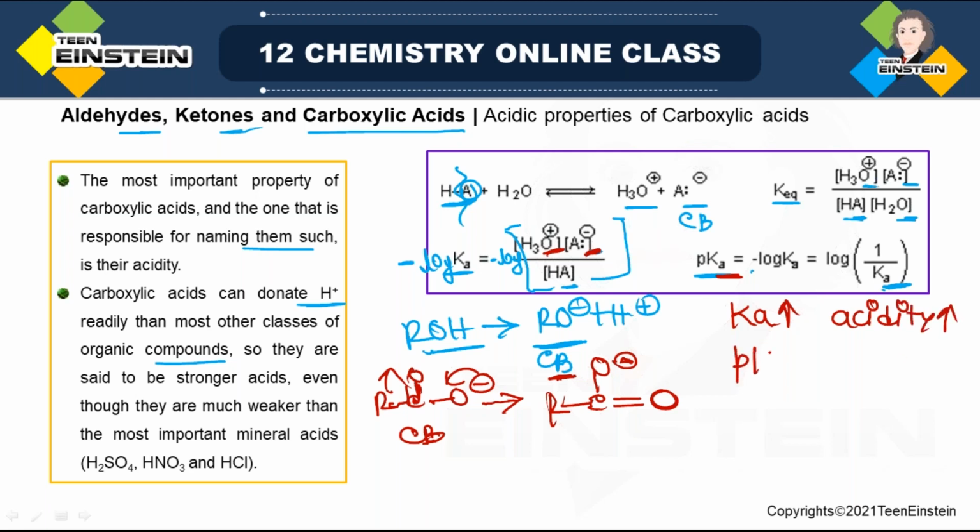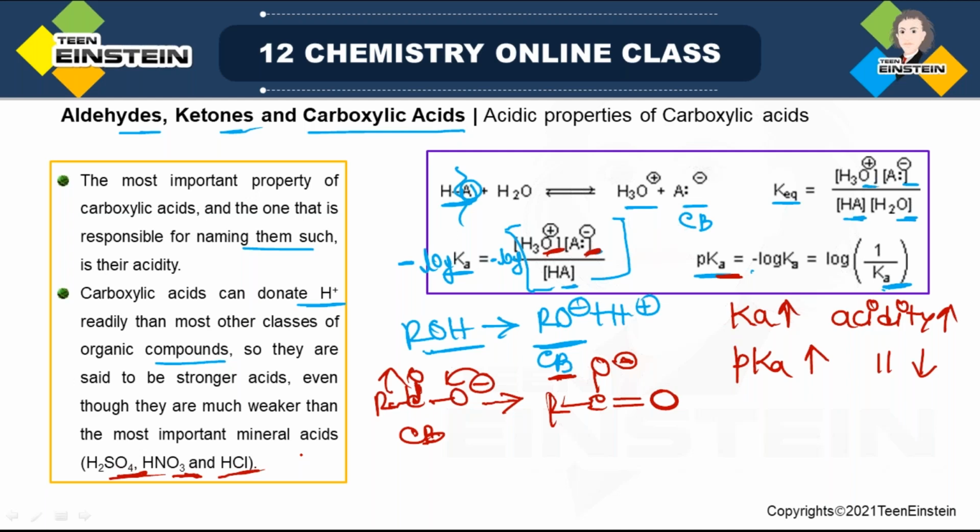But as pKa means negative logarithm of Ka, when pKa is high, that means acidity will be less, an inverse relationship. So compared to other classes of organic compounds, they are very strong acids, but don't think that they are stronger than the inorganic acids. We call them mineral acids, H2SO4, HNO3, HCl. So these three are very important in organic acid.